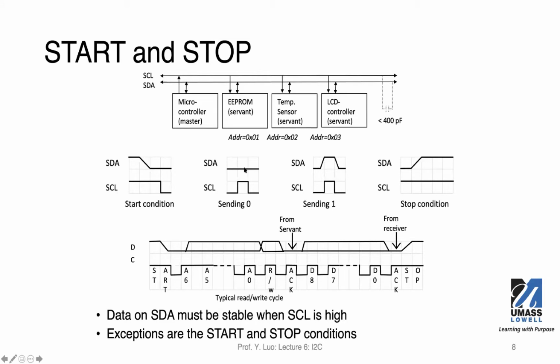In this case, it maintains 0, so that's when we send out a 0. In the other case, when the clock signal is low, the sender changes the value to 1. So when the clock is high, this is the value going to be sent out. This will be the case we send out a 1.